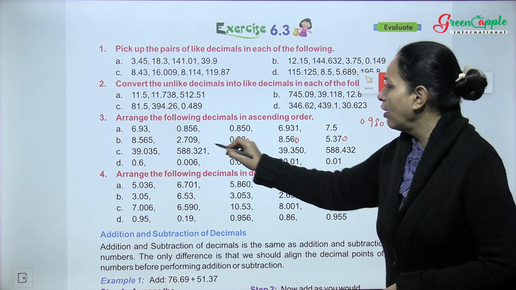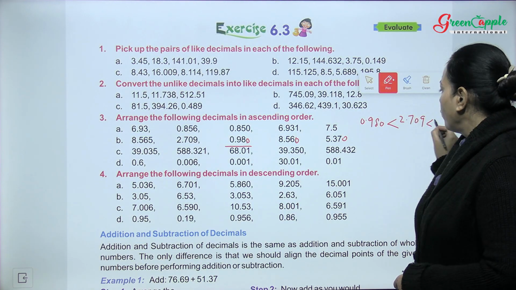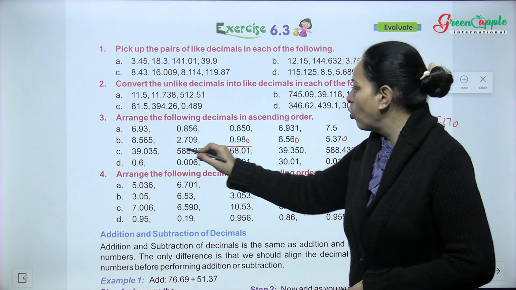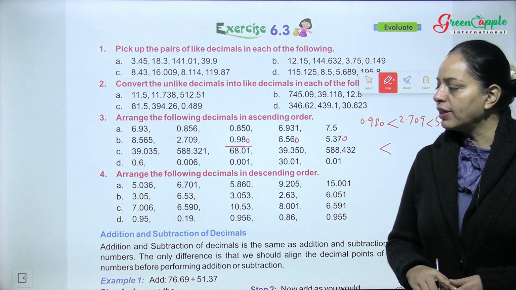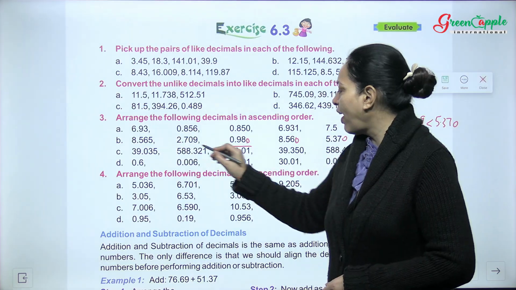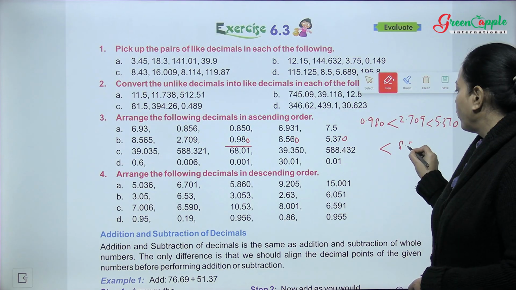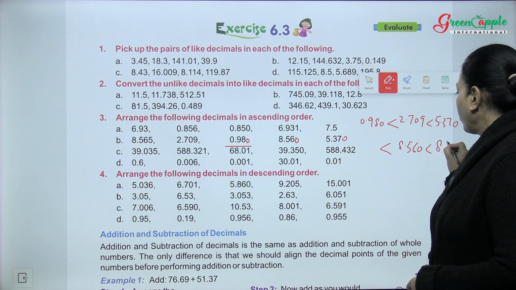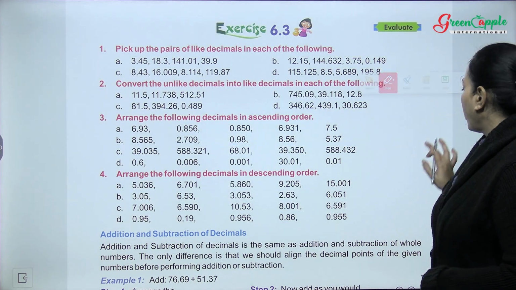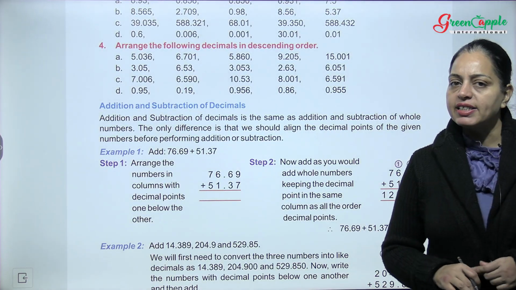Now then we have 2.709. Then we have 5.370. Now we have two numbers, whole part same, 8. Compare decimal part, 5 same, 6 same. Now 1000, this is 5, this is 0. So this is greater. So we will write 8.560 and then 8.565. So this is the ascending order. Similarly, you can try remaining parts. ऐसे fourth question है, arrange these numbers in descending means decreasing order.